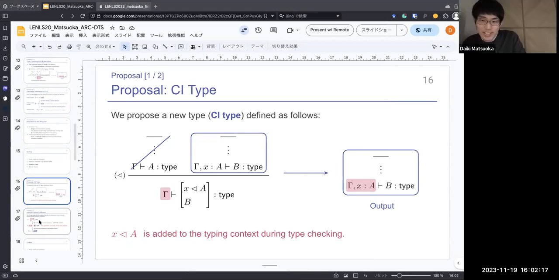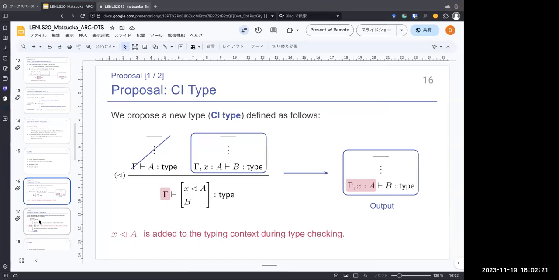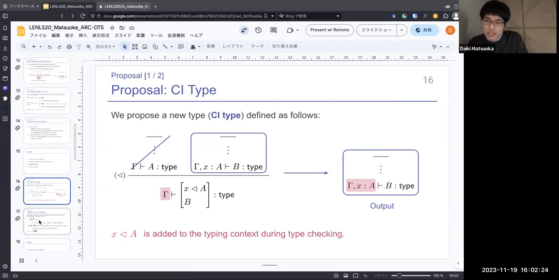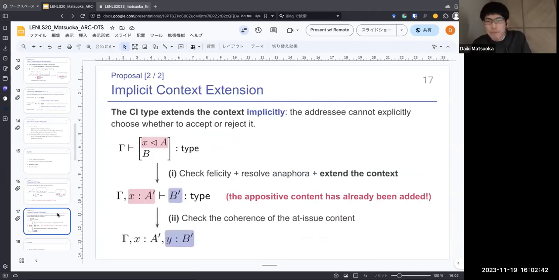Okay, so your point is false appositives, right? Yes. The empirical status of false appositives is kind of shaky, but there's an empirical study that shows that if a sentence contains a false appositive, then the whole sentence is judged to be false. So following this study, basically, we check the coherence in step 2.